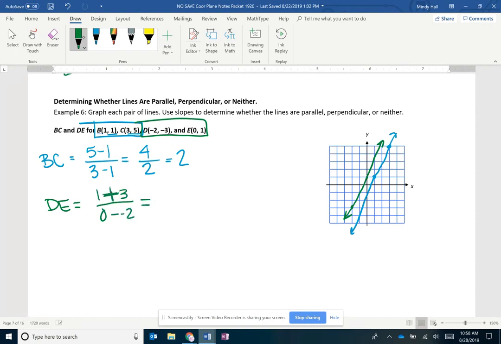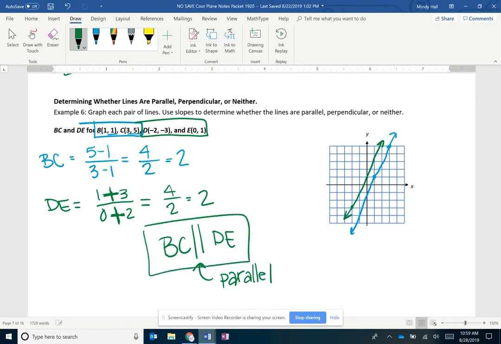These negatives make big fat positives, so we have 4 divided by 2 again, which just simplifies to 2. So since the slopes are the same, we know that BC is parallel to DE. And FYI, that is your parallel symbol.